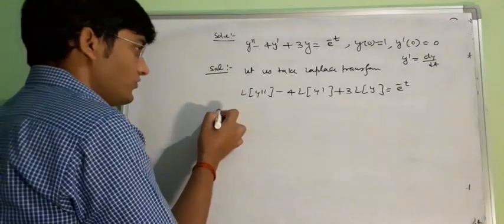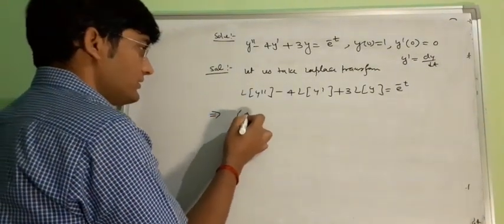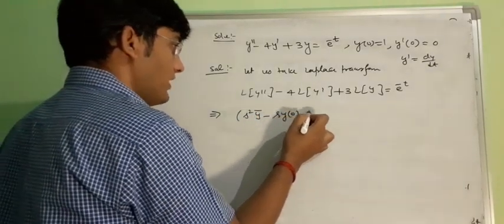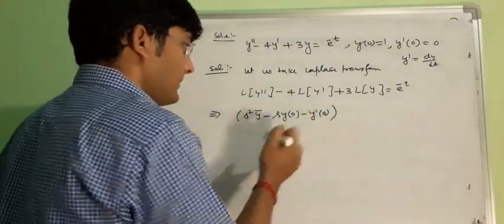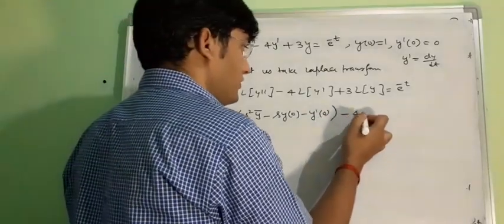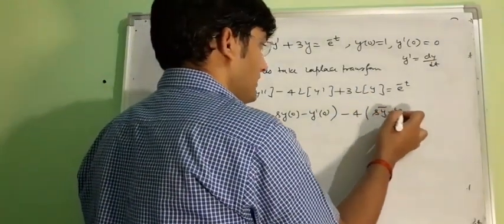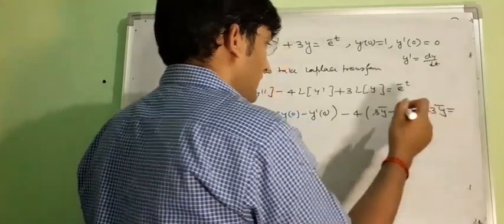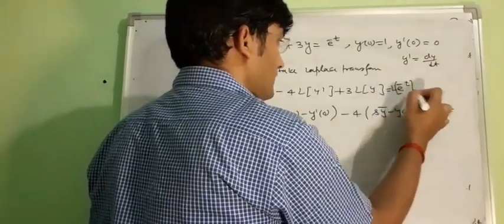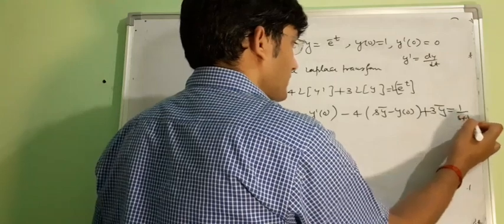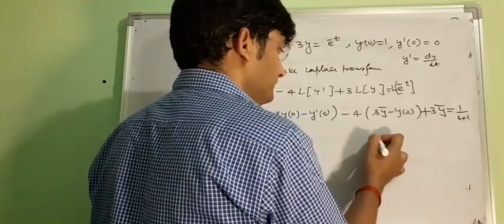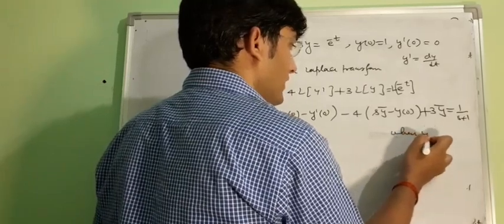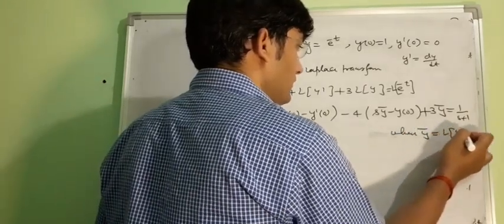So the Laplace of y double dash will be s square y bar minus s y(0) minus y dash 0. Then we will have 4 s y bar minus y(0). Then 3 y bar, and the Laplace of e to the power minus t is equal to 1 upon s plus 1. Here we have taken y bar in place of Laplace y.